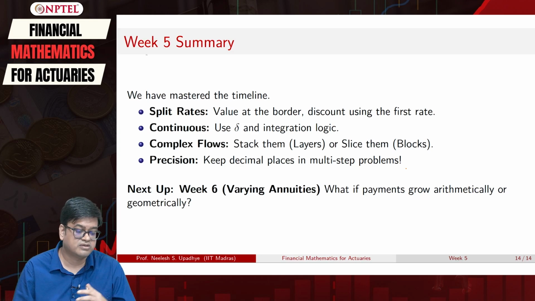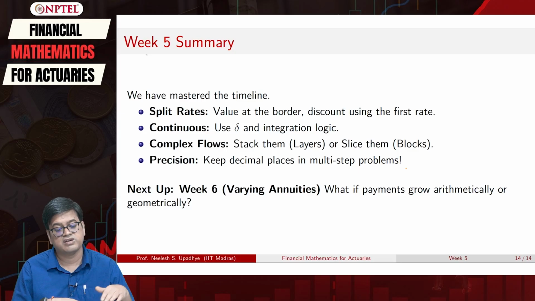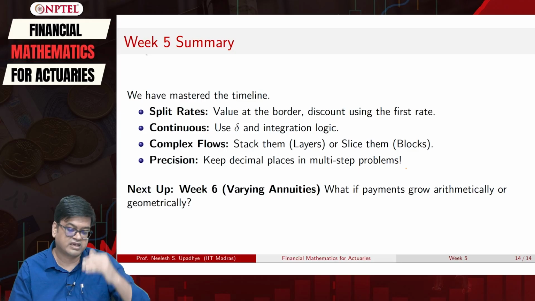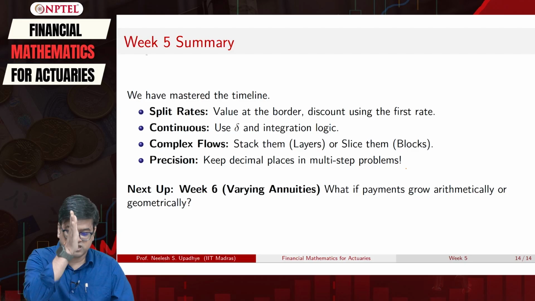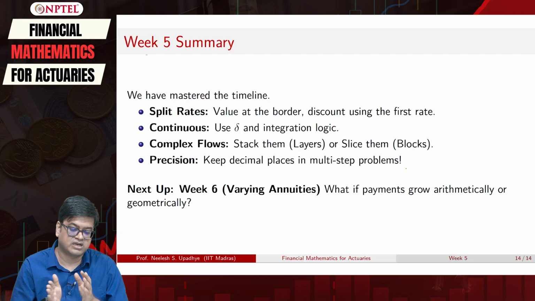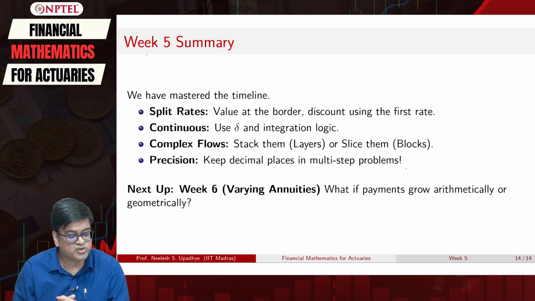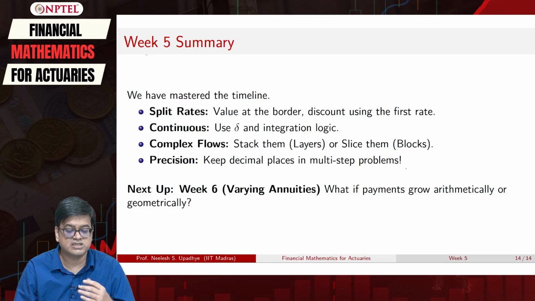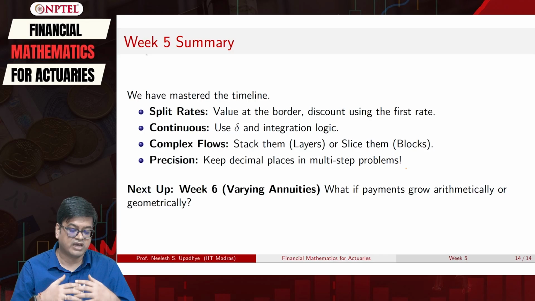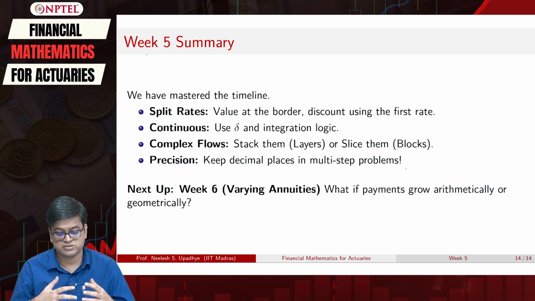We also dealt with complex flows where we stack one layer over the other, that is the layer cake problem, or you can slice in time blocks and find the answers. Both will match. You have also seen how to keep decimal places in multi-step problems, and that is about annuities, perpetuities, and various different scenarios.